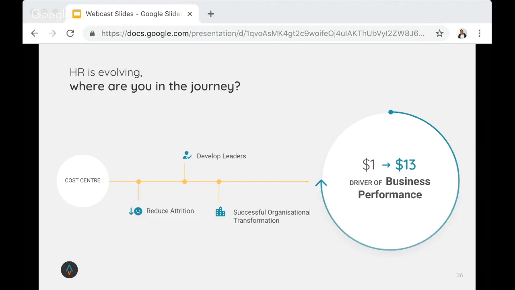Now, an independent study on applying analytics within HR showed that for every dollar spent on HR analytics or people analytics, it yielded $13 to the business. And all of it came from levers like reducing attrition effectively, developing leaders, and successfully helping the organization transform.